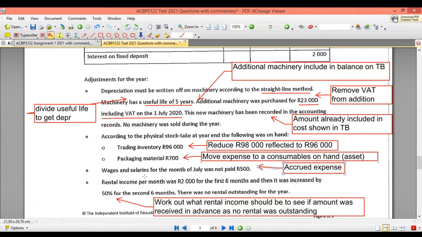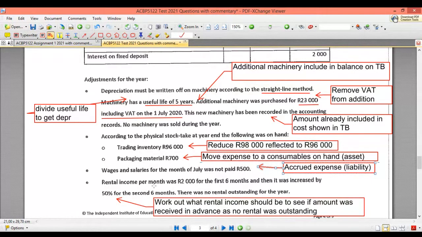Now, we will increase the wages and salaries expense with the 500 Rand, and then we would credit accrued expense, which is a liability in our books as well. And we will show how much we still need to pay in the next financial period. So that's why we account for that transaction.